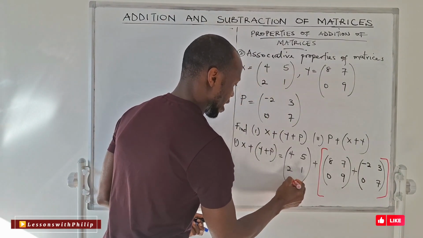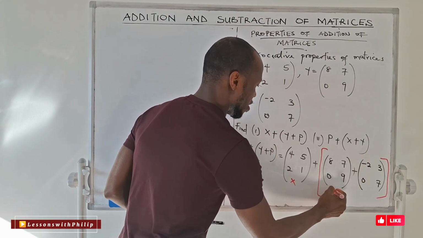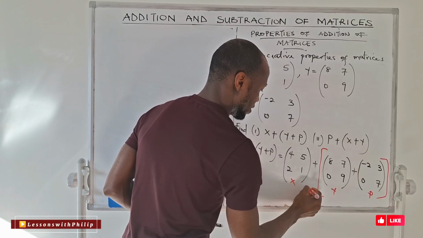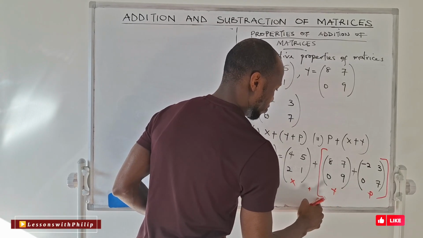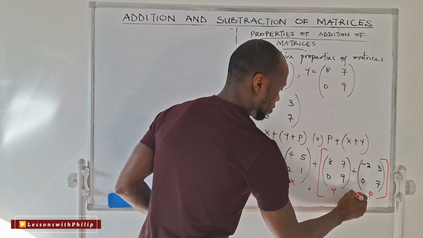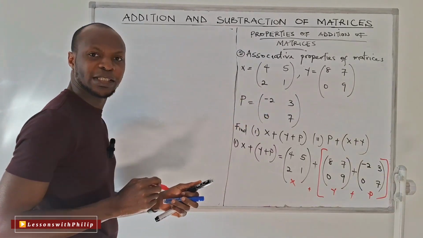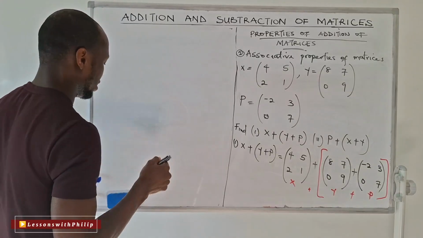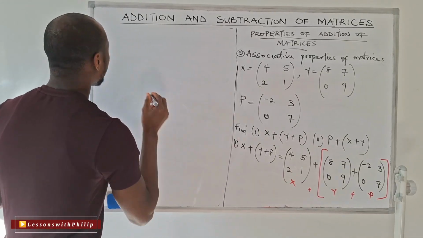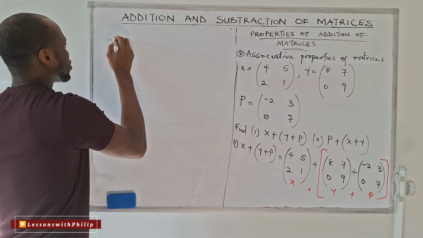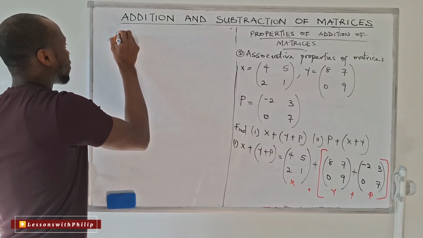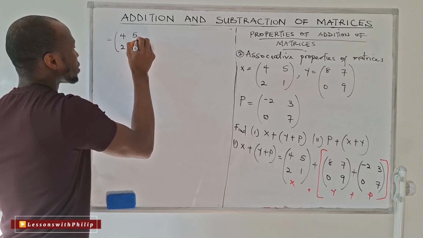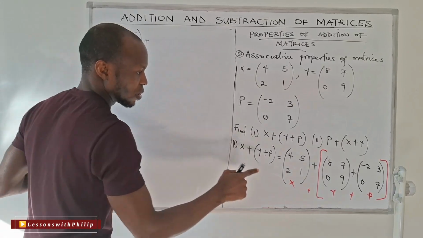This is my X, this is my Y, and this is my P. We have X plus, open bracket, Y plus P. Do you get it? Fine, perfect. That will be equivalent to 4, 5, 2, 1 plus.